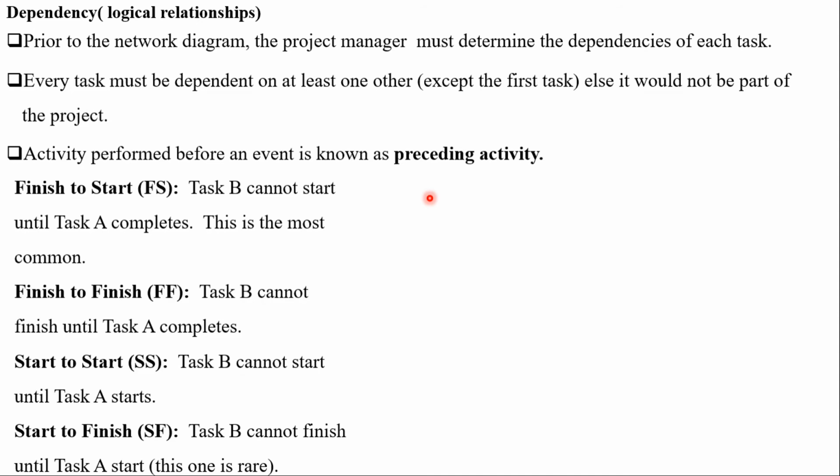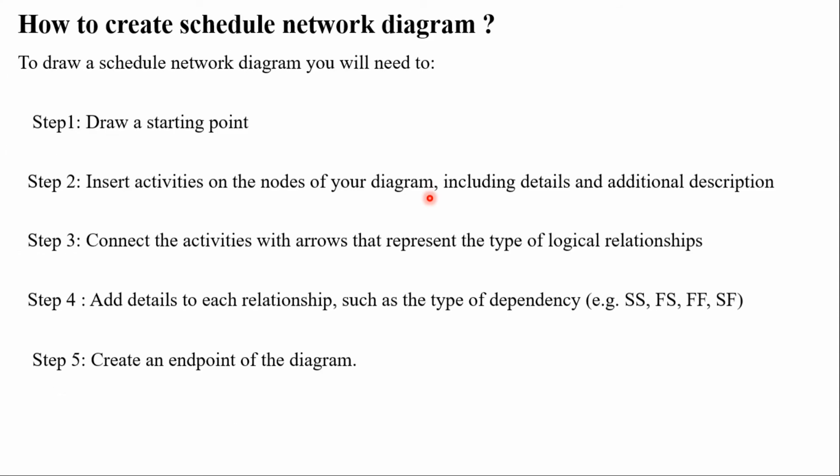So how does one create a scheduled network diagram? You have to follow these 5 steps. The first one is you have to define and identify the starting point. Every project has a starting point, so you have to label the starting point. Once you do that, you have to insert activities in the form of nodes on your diagram, and you can either add details or a description about that specific activity.